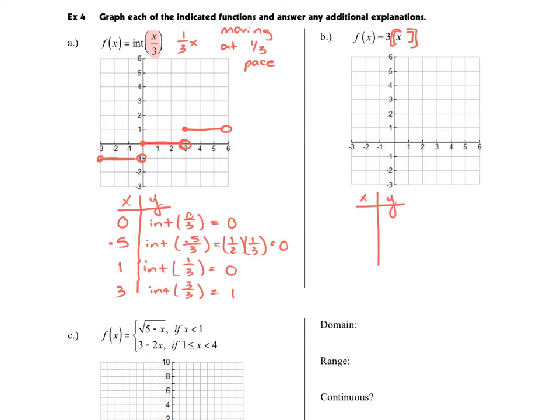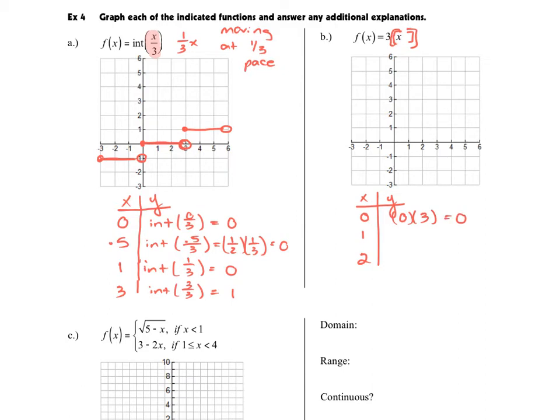So let's just pick some values again. I'm going to pick my 0, and I'm just going to use my integers this time and see what happens with those. So if I put a 0 into my greatest integer function, I actually get still 0. And the function that I'm given wants me to take that value and multiply it by 3. That, of course, is going to keep me at 0.